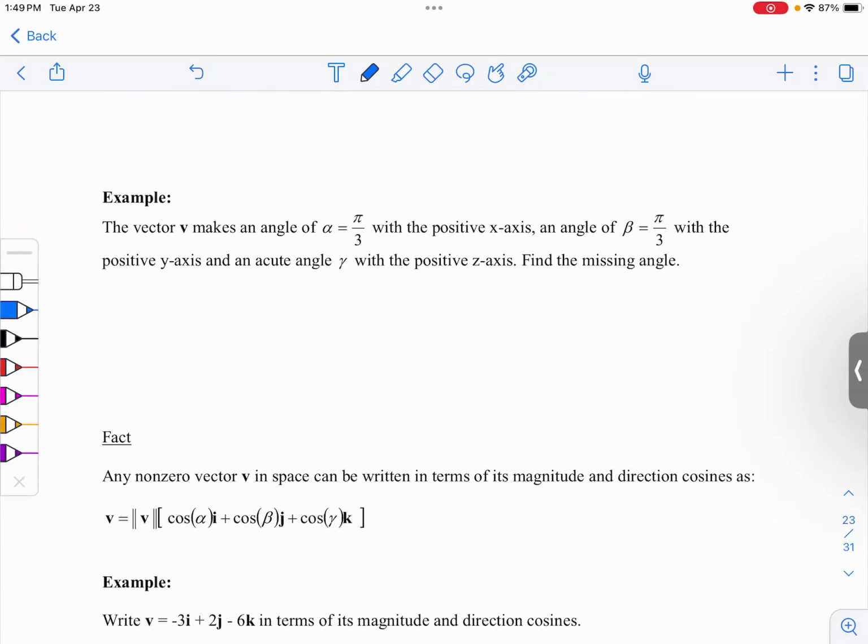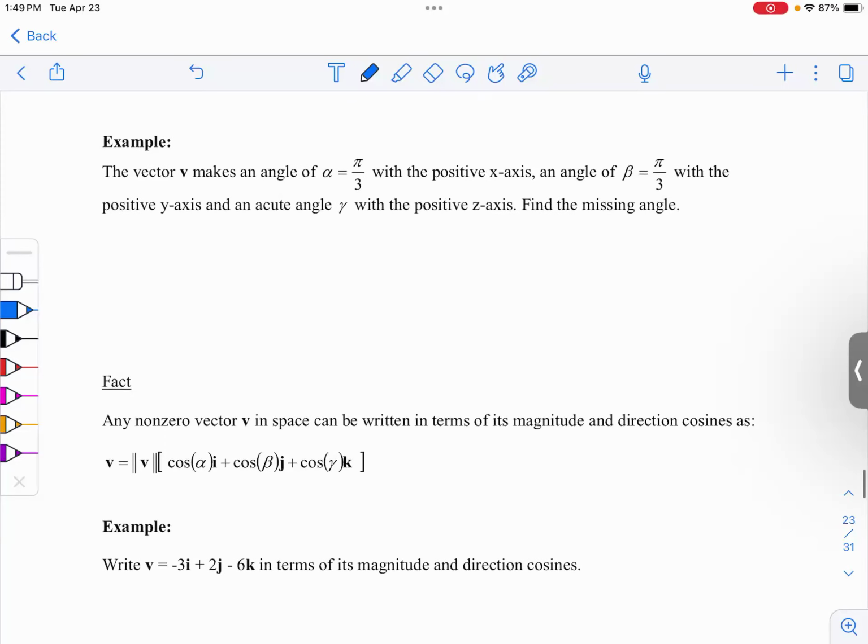And that does give us some nice properties that we could then mess around with. So the vector v makes an angle alpha with the positive x-axis, angle beta with the positive y-axis, and acute angle gamma with the positive z-axis. Find the missing angle. Oh, so then I can use our extended fundamental identity.